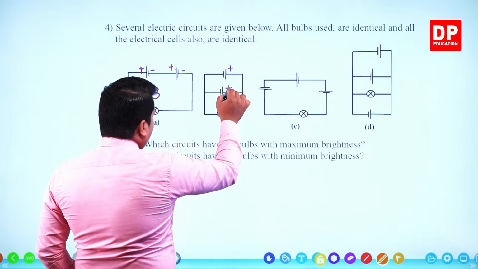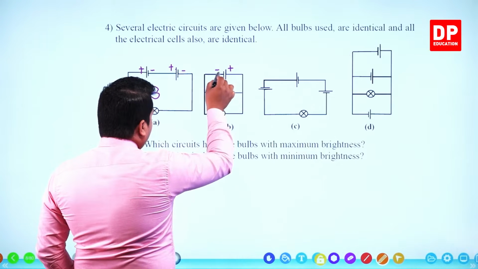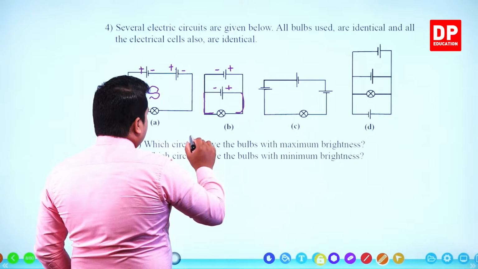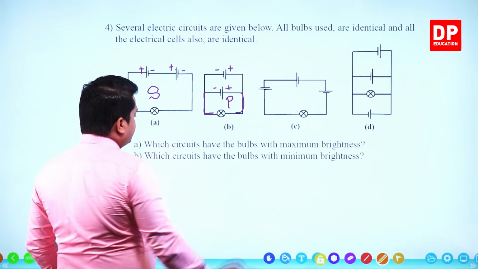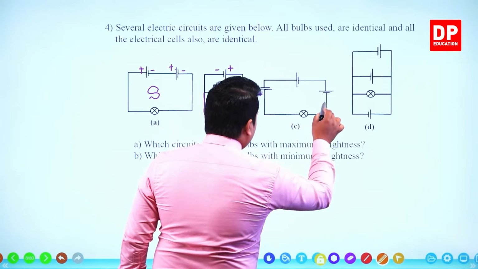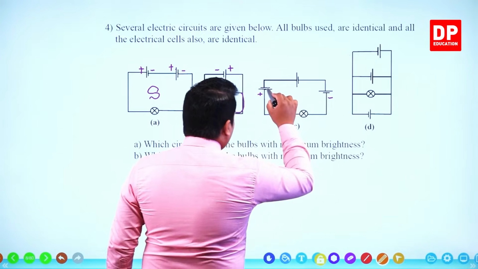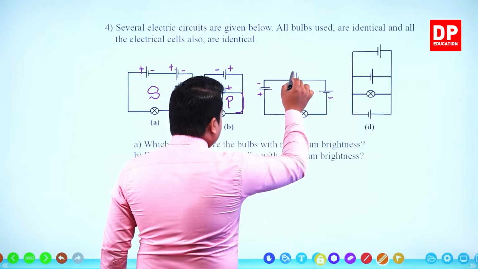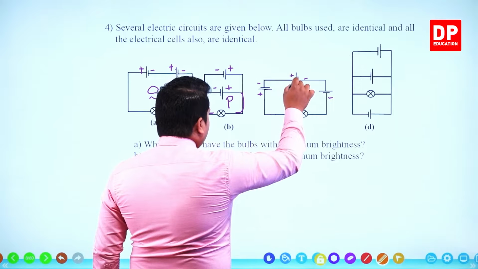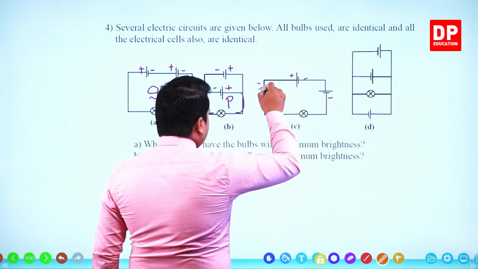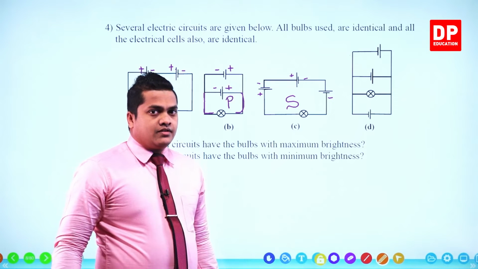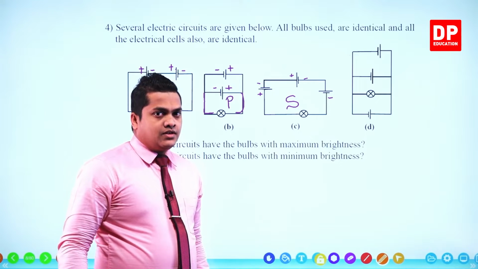Positive with positive, negative with negative, interconnected and coming towards the bulb. So it is a parallel connection. Positive coming towards here with the negative one, and this negative one running towards their positive, and this is negative. So negative, positive, negative, positive, series.